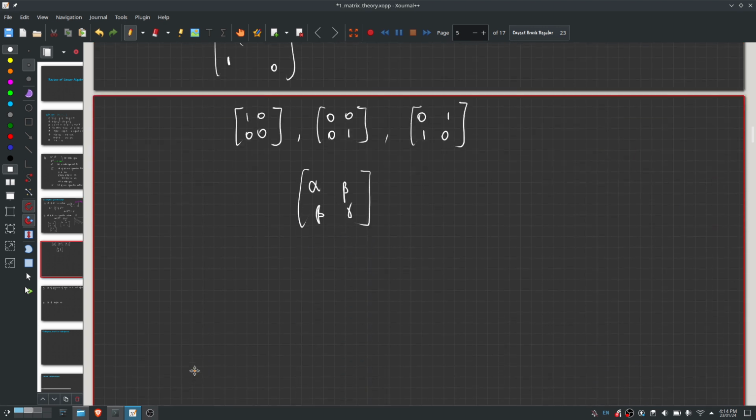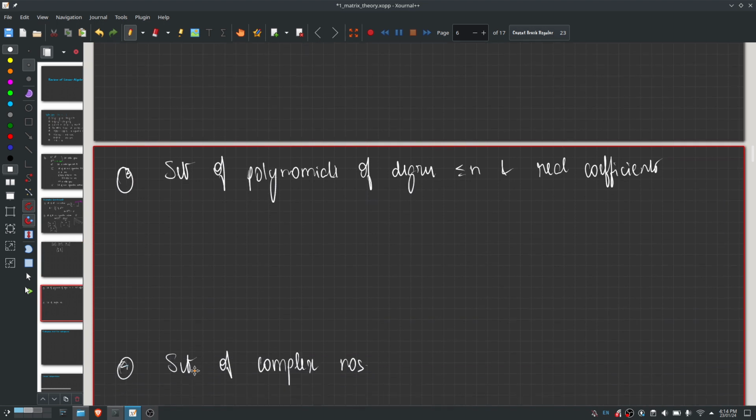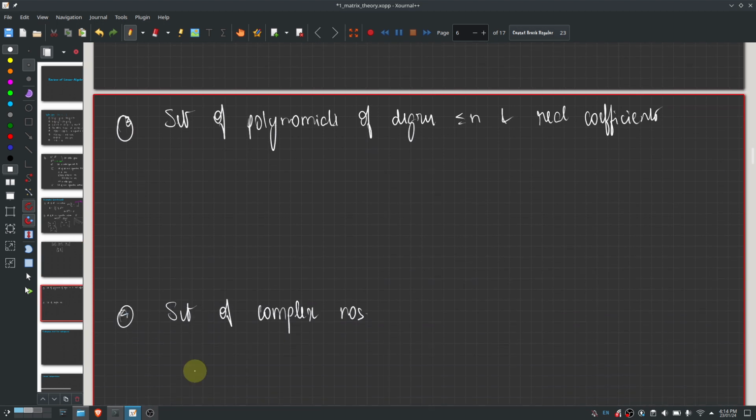Okay. Now let's take another example. Consider the set of all polynomials of degree less than or equal to n and having real coefficients. Correct? So if I took n equal to 2, then this would be the set of all polynomials, let me denote this Pn.